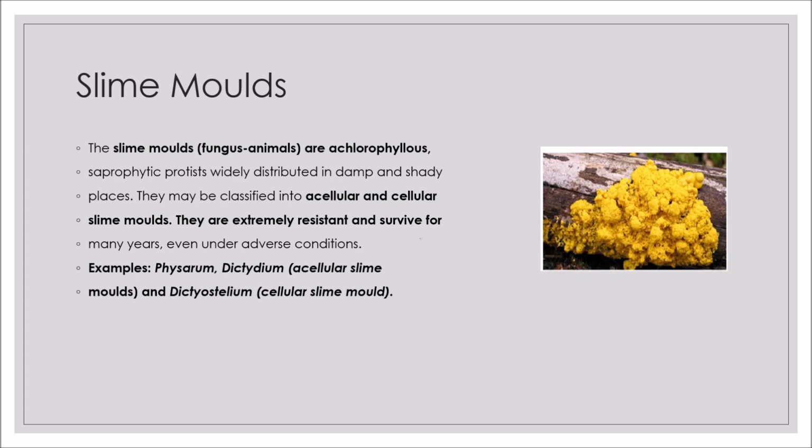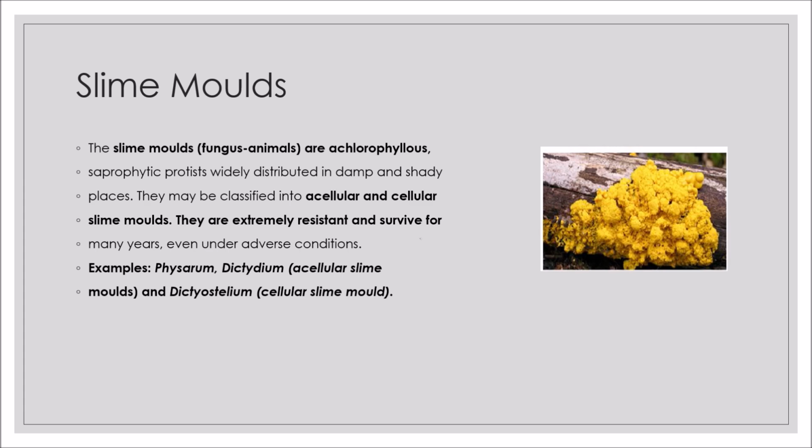They are classified into two types. One is acellular and another is cellular. They are extremely resistant and survive for many years even in very tough conditions. They can withstand any type of conditions, whether it is very hot or cold climate, or whatever the salt content may be, these slime molds can survive.